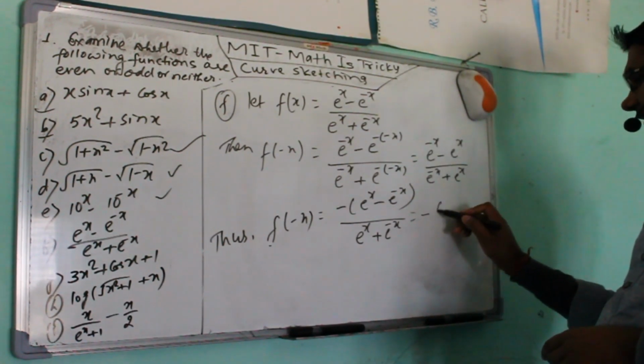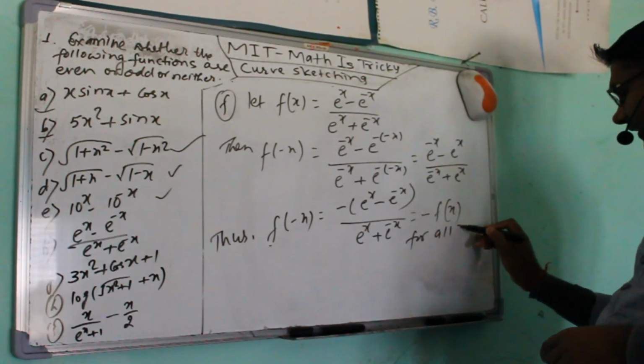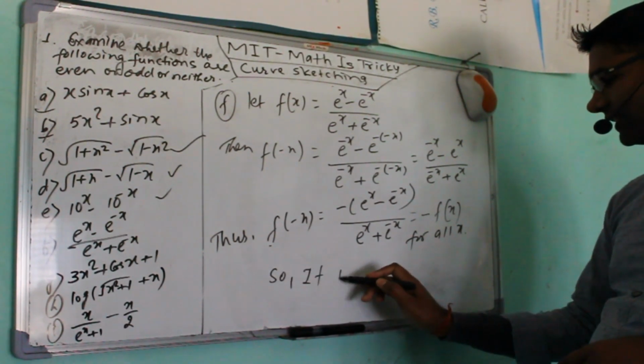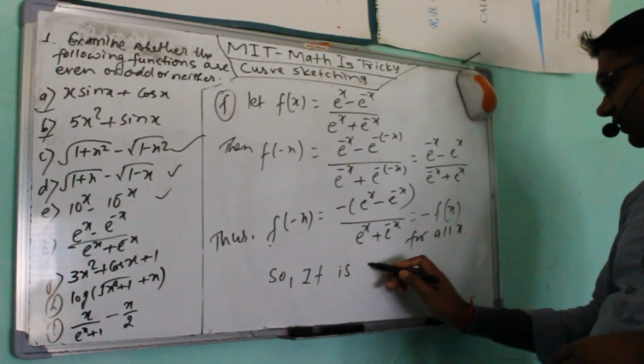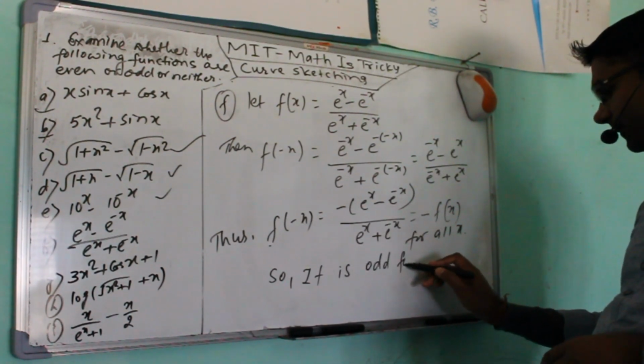Just arrange the denominator. Thus f of minus x equals minus of this, which is the same as minus f of x. So for all x, the given function is an odd function.